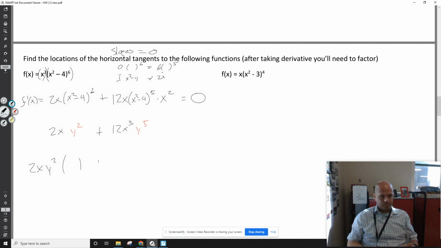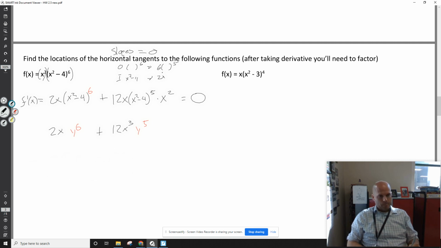Over here, I pulled out a 2 and an x, so I'll have a 6 and an x squared left over. Oh, shoot. I really messed up here. Sorry, guys. Be neat and orderly, or you're going to make mistakes.